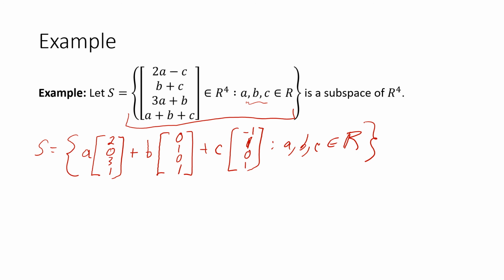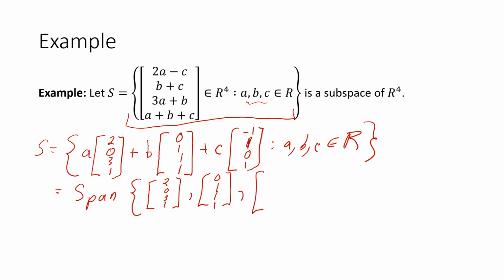But now we've seen stuff like this before. This is the set of all linear combinations of those three vectors, so it's equal to the span of those three vectors. Oh, there's an error there. The second vector should be (0, 1, 1, 1).